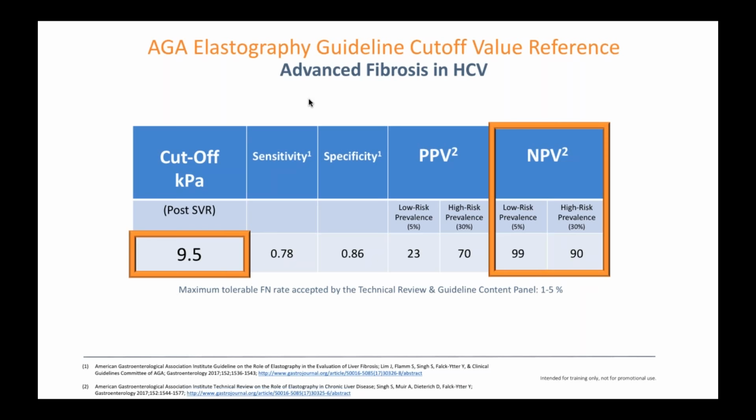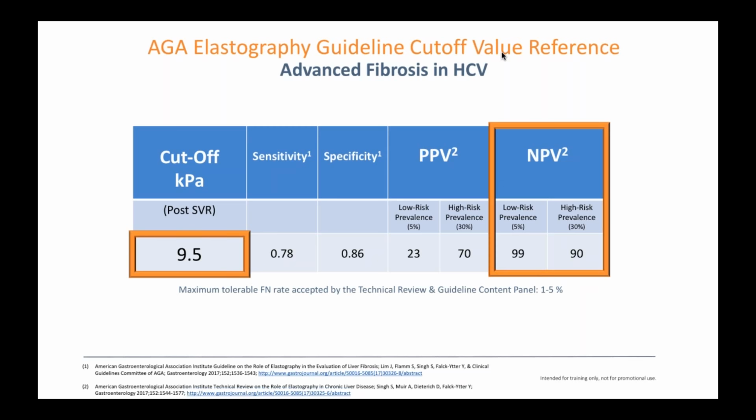And so you'll notice the threshold for advanced fibrosis that they're suggesting in HCV is 9.5 kilopascals. Now, that was set with a priority to have the best negative predictive value possible. Notice that they set those values.